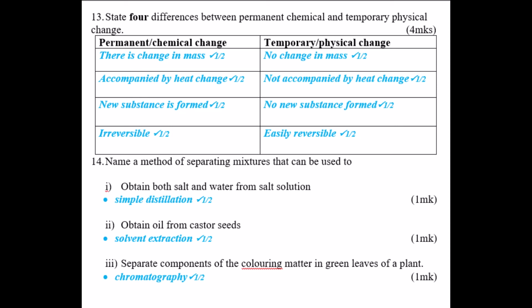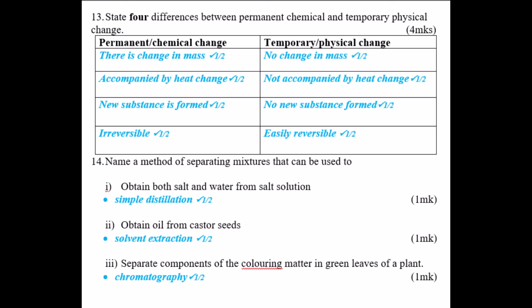Question number 13, differences between chemical or what we call permanent change and temporary change, others called physical change. As the table shows, we shall start with the permanent change, then we have the temporary. With the permanent change, there is change in mass, but with the physical change, the mass remains the same.